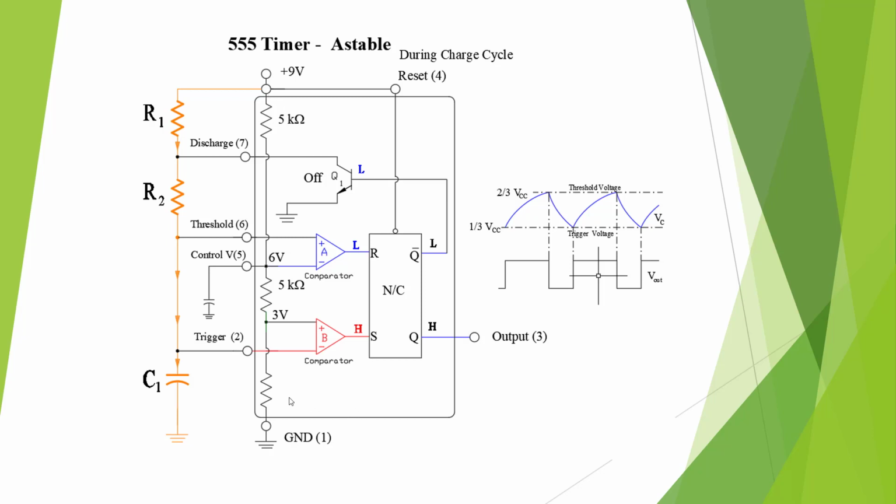What we're going to do is go between 1/3 and 2/3, 3 volts and 6 volts. We're going to charge from 1/3 to 2/3, then discharge from 2/3 to 1/3, and charge and discharge. Based on these capacitor curves, we're going to get a square wave output.